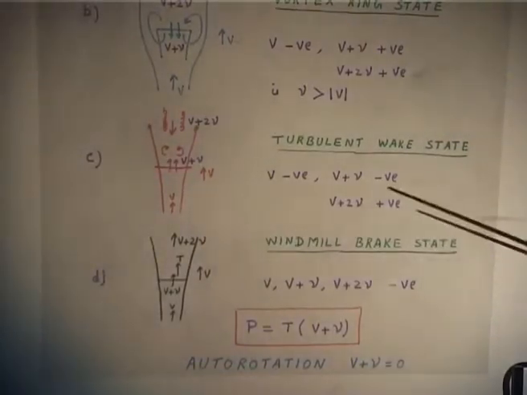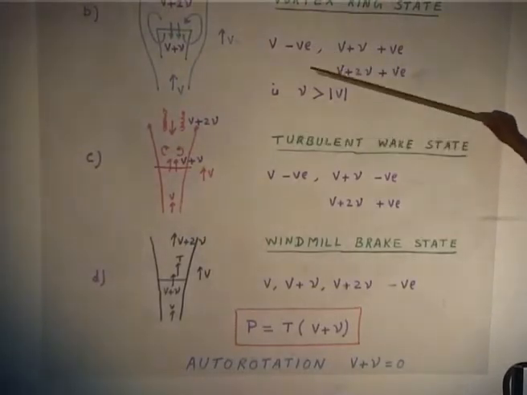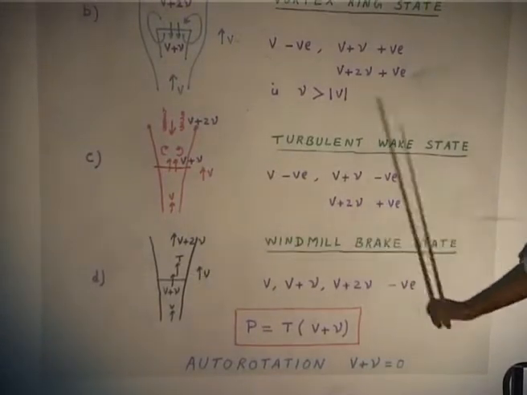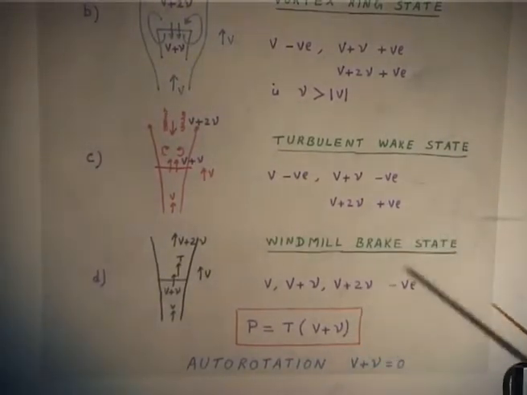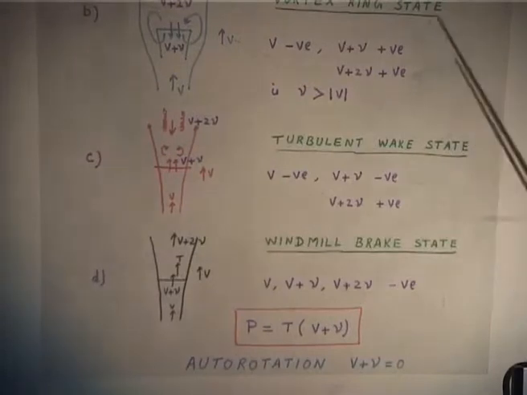Yeah. Autorotation is actually the boundary between these two. This is called windmill brake state. Okay. Usually the windmills operate like this, because the windmills do not go anywhere.